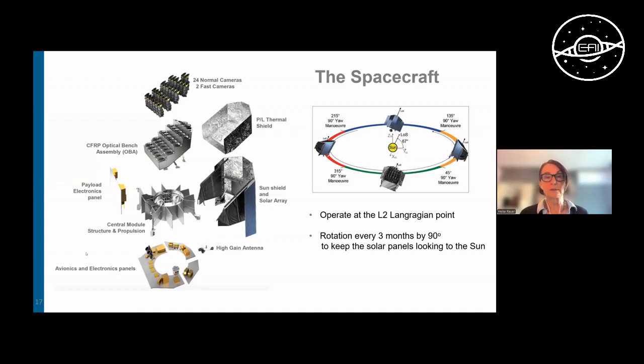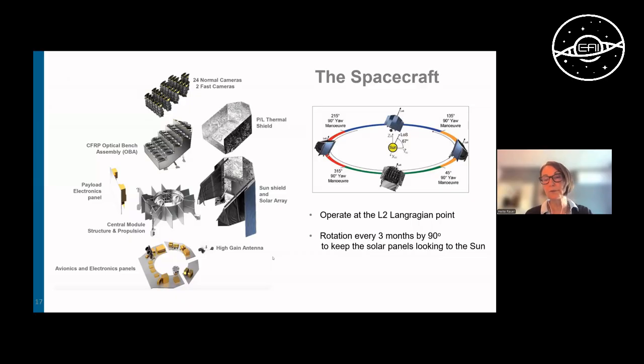So just a word on the quick work on the spacecraft. To the left, we see that we have the cameras. They're sitting on the optical bench, sitting on the satellite platform, which shows onboard computers, power supply, and so on. All of this is covered by a sun shield. And the satellite will launch, as I said, in spring next year.